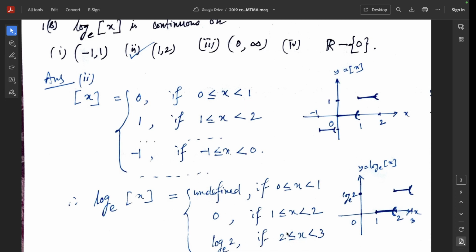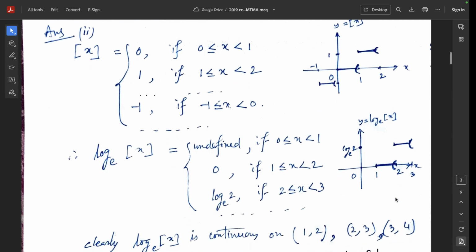And if 2 ≤ x < 3, then floor x is 2, so log 2 equals log 2 to the base e. So this is log 2, and this is the graph.